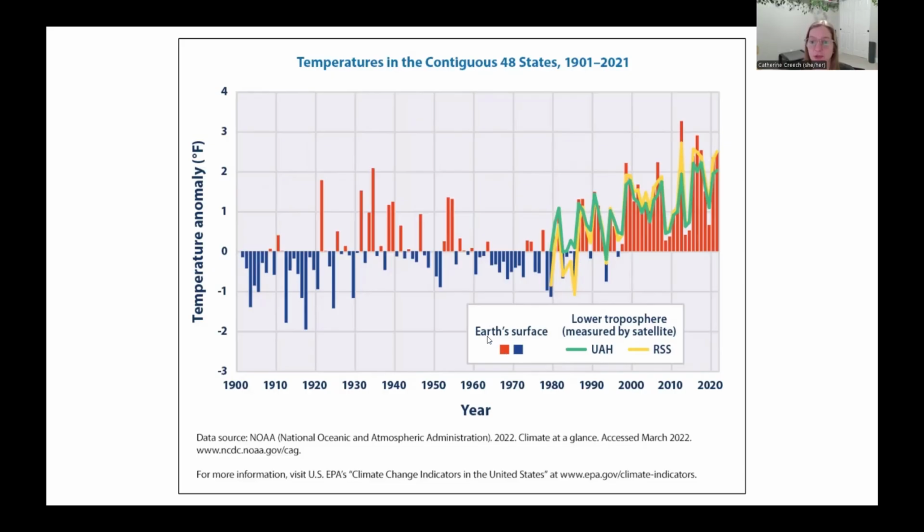Our temperatures are denoted from the Earth's surface, if it's a bar, and from the troposphere, measured by satellite, if it's a line. So we have two different ways to measure temperature. What's the point? What's the overall trend?